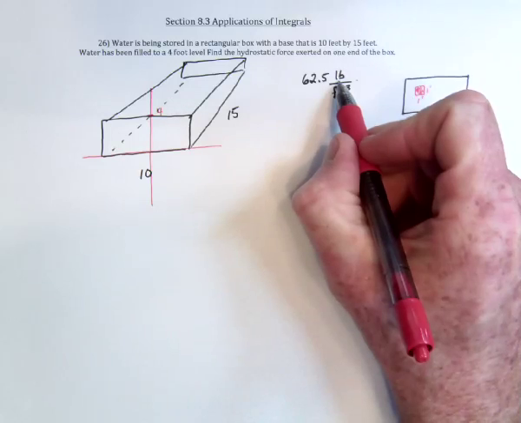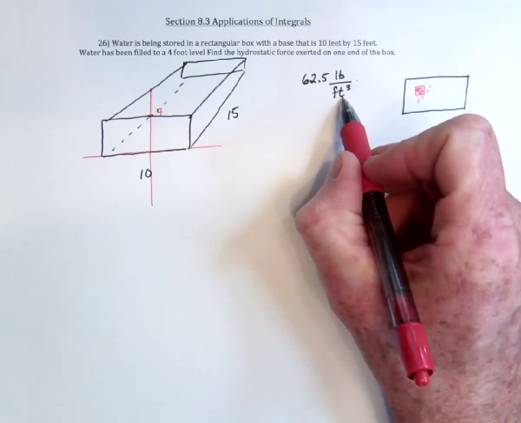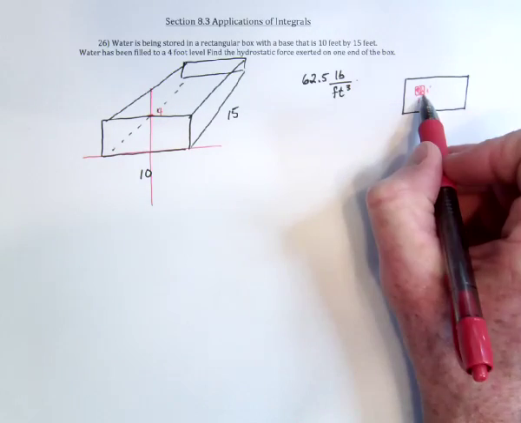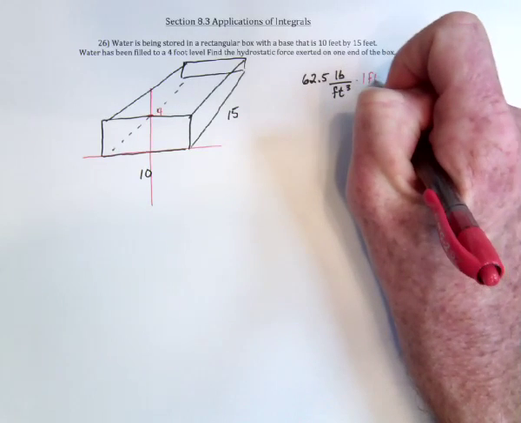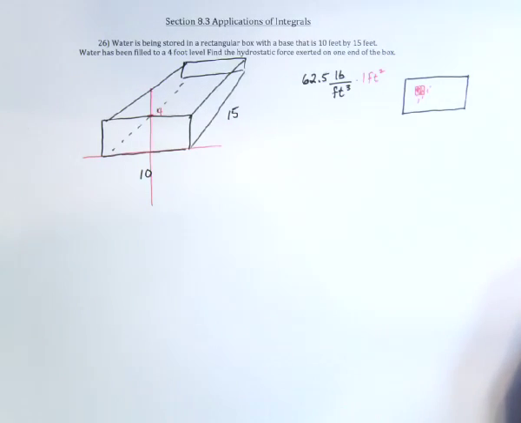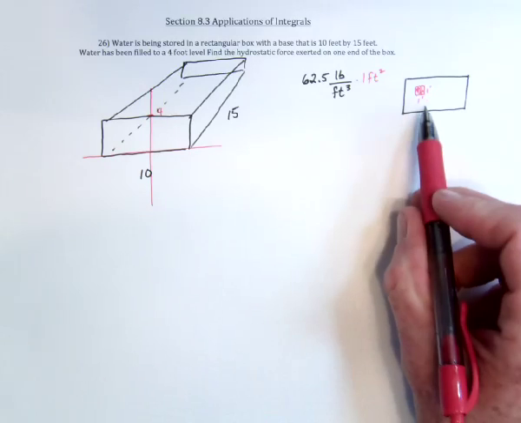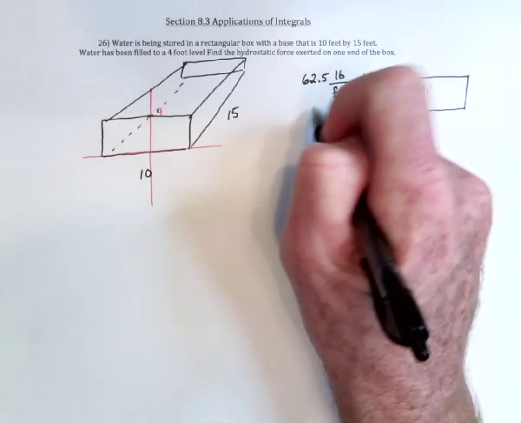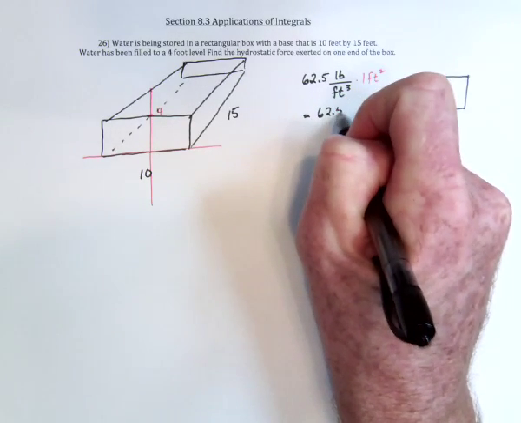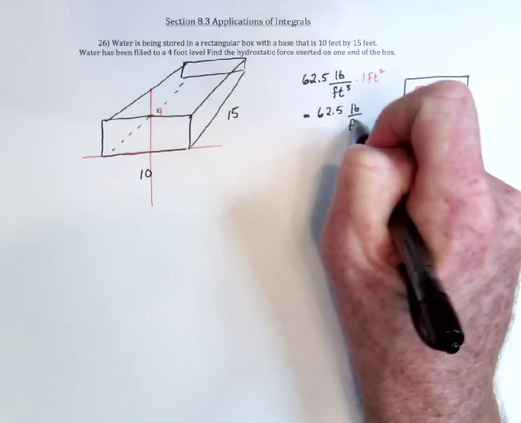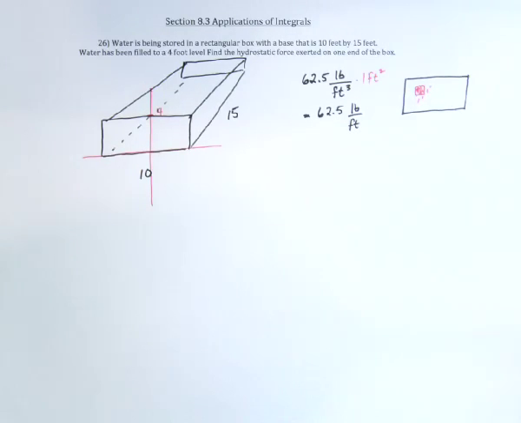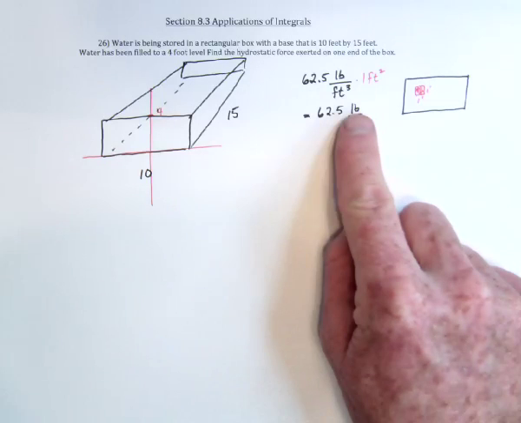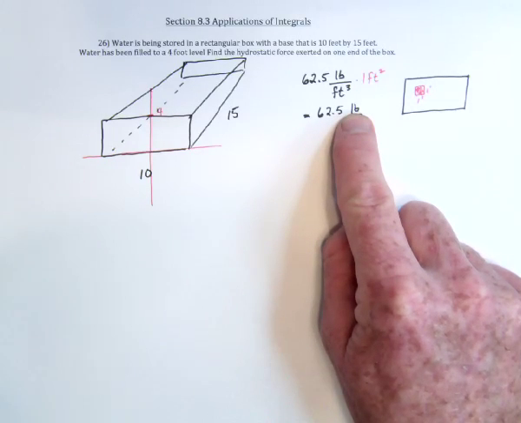So it's that many pounds for every cubic foot, but if I multiply by my 1 by 1 foot square right there, this is now going to be 62.5 pounds per foot, which is a pressure, not a total force. When we get this to just be in pounds, then that will be a total force.